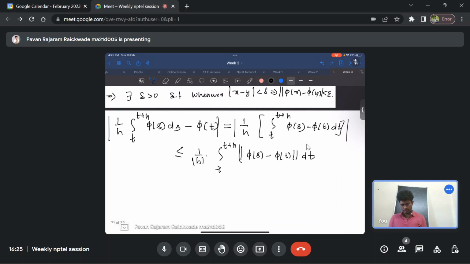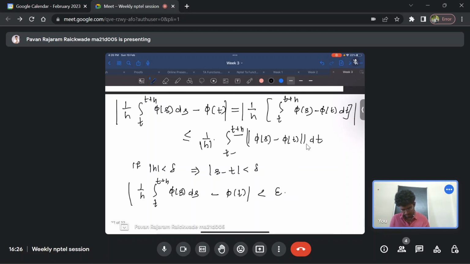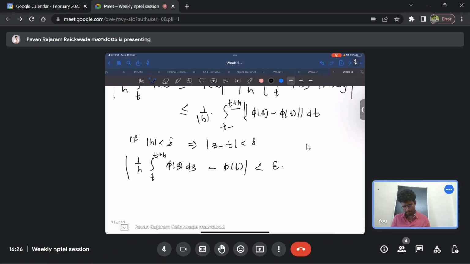So if the modulus of h is strictly less than delta, then s will belong to this interval t to t plus h, which implies the modulus of s minus t will also be strictly less than delta. Which implies the modulus of 1 by h times the integral from t to t plus h of phi of s ds, minus phi of t, is strictly less than epsilon, because this quantity will be strictly less than epsilon times h, divided by h, which is positive anyway.